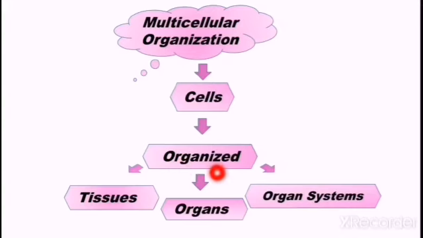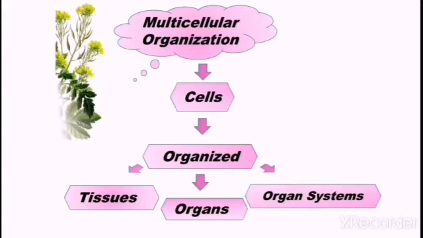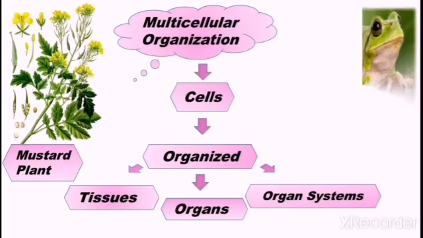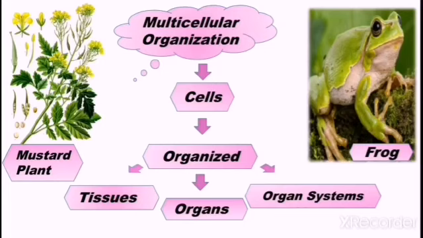When different organs are combined, they form the organ system. So in multicellular organization, cells are organized into tissues, tissues into organs, and organs into organ systems. For example, mustard plant, an example of multicellular organization, and then frog. Frog is also an example of multicellular organization.